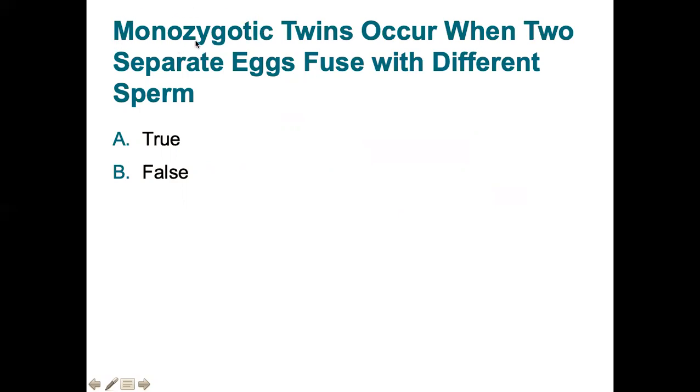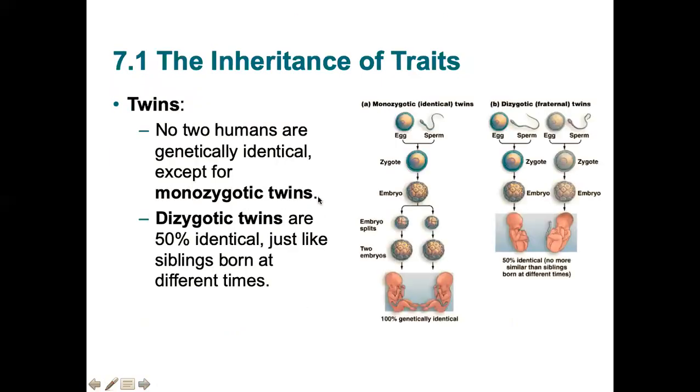mono, do you remember what that means? It means one, right? So monozygotic twins occur when two separate eggs fuse with different sperm. No. Monozygotic twins happen when one egg and one sperm join, and you have one zygote, a monozygote.